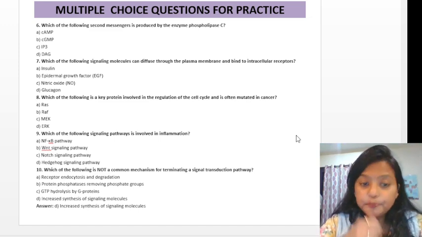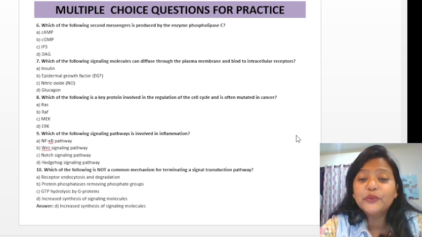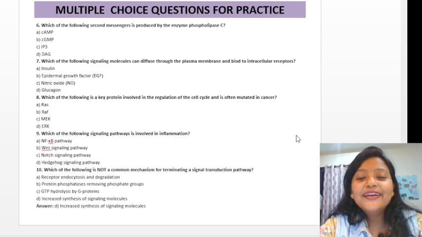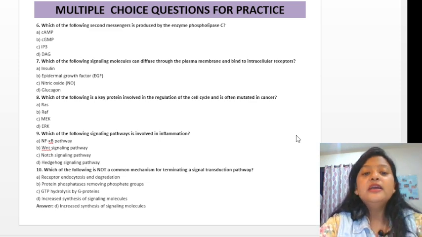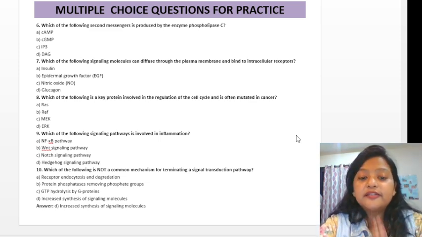Okay. Now next, which of the following is not a common mechanism for. अच्छा, इसका तो आंसर मैंने यहाँ पे नीचे दे ही दिया आपको. चलिए कोई बात नहीं. Okay, so which is not a common mechanism for terminating a signal transduction pathway? मैंने आपको ऑलरेडी बताया है कि टर्मिनेशन का प्रोसेस क्या है. तो एक जो है प्रोसेस ये मैंने आपको नहीं पढ़ाया है, इसलिए मैंने यहाँ पे आंसर दिया आपको.